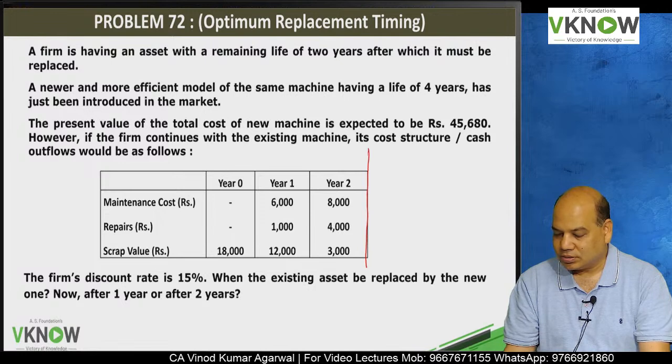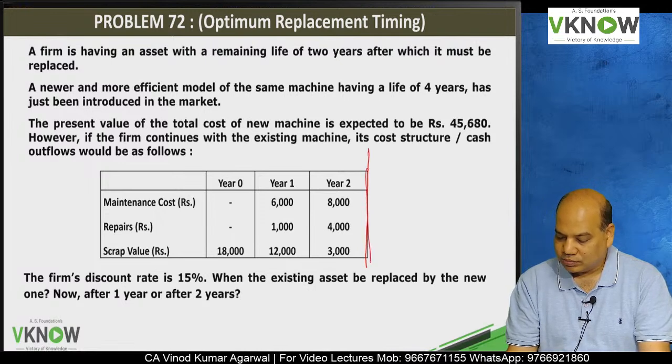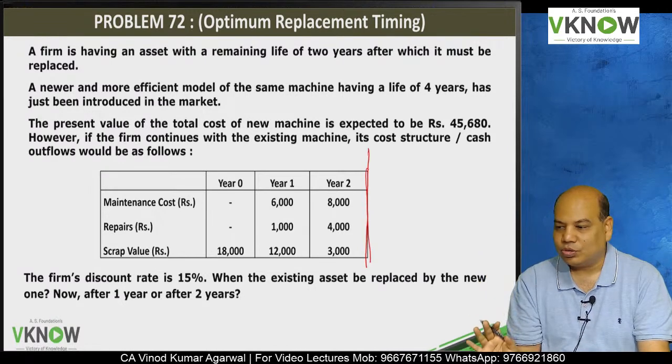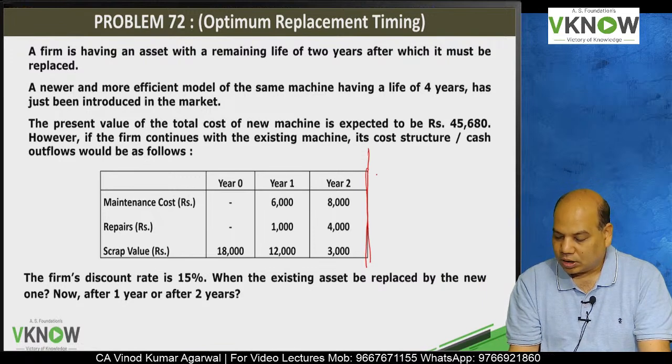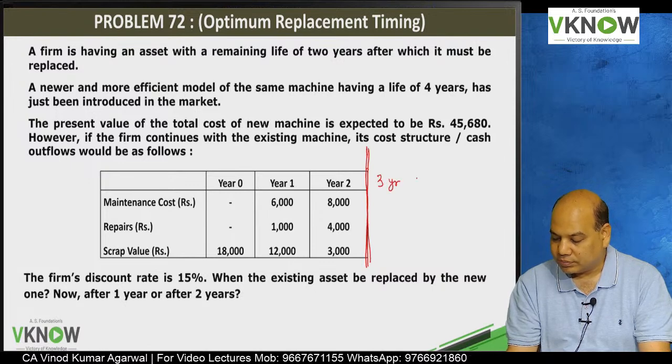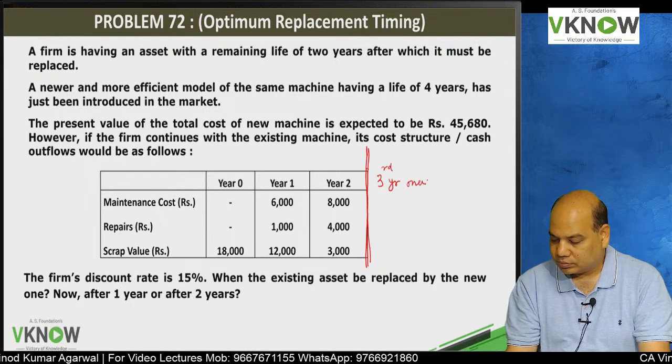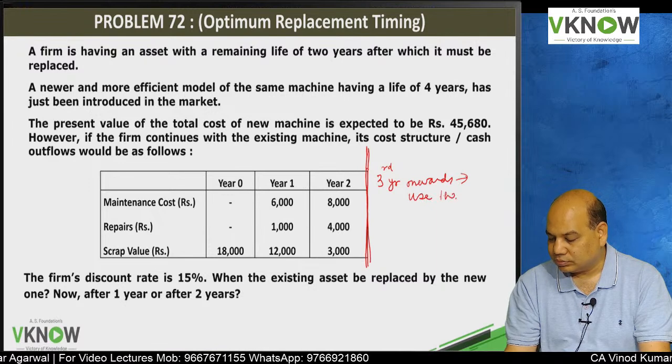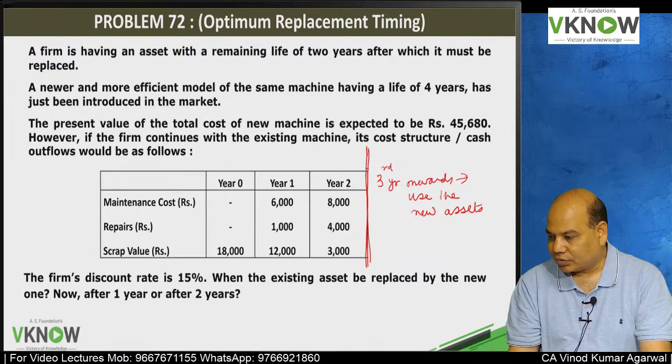Yes, because after 2 years, the old asset life will be over, and then maximum I can use it for 2 years, and from third year onward, you have to use the new asset. Is it right?